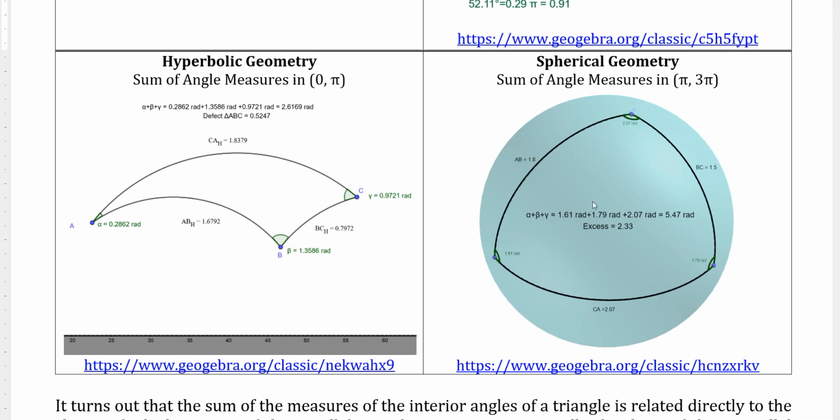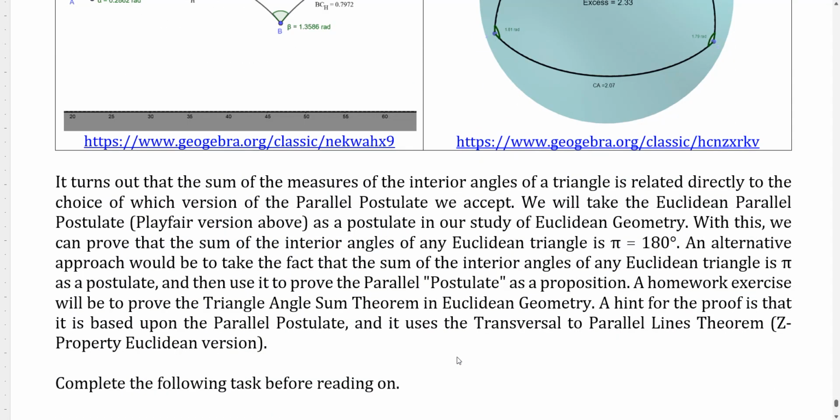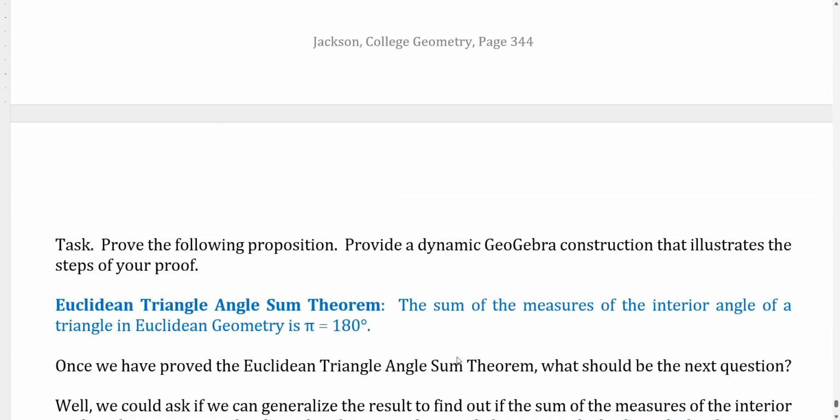And in spherical geometry, the angle measures always add up to something between pi and 3 pi, non-inclusive. And there's always an excess, an amount above pi radians. Okay? And so, again, now we have the Euclidean triangle angle sum theorem.